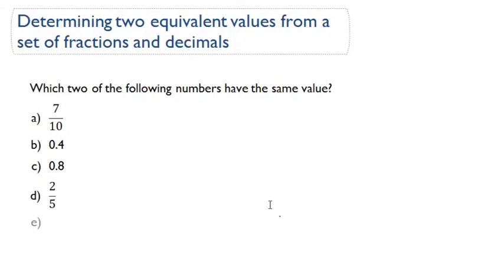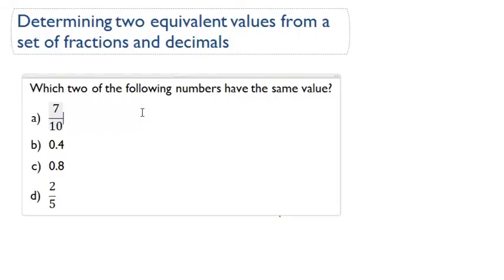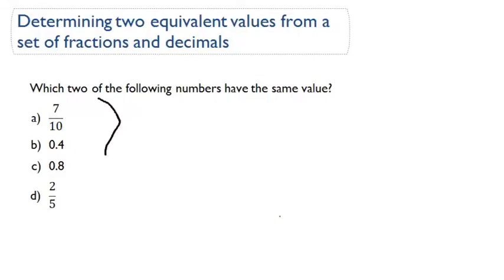Okay, determining two equivalent values from a set of fractions and decimals. This question asks us, which two of the following numbers have the same value? We're given a set of fractions and decimals, and we want to figure out which two numbers here have the same exact value. To do this, I need to look at the two fractions I'm given, 7/10 and 2/5.